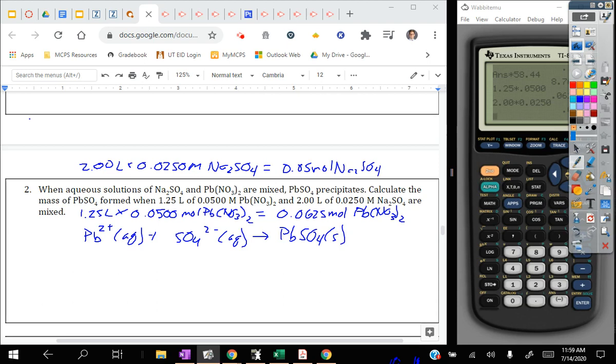Just to show the work, 0.0625 moles of lead nitrate, 1 mole of lead nitrate is equal to 1 mole of lead 2+ ions. So those are equal amounts there, a 1-to-1 ratio.